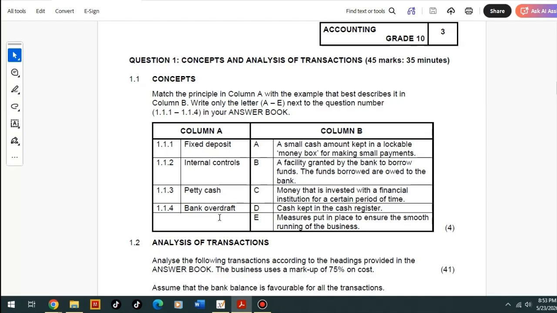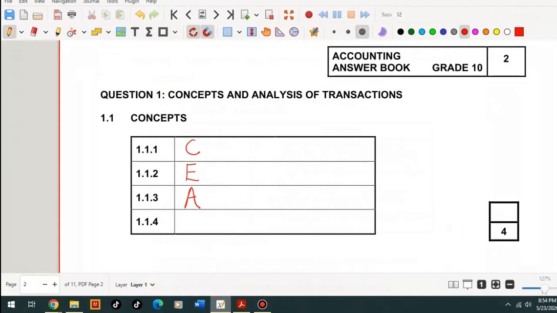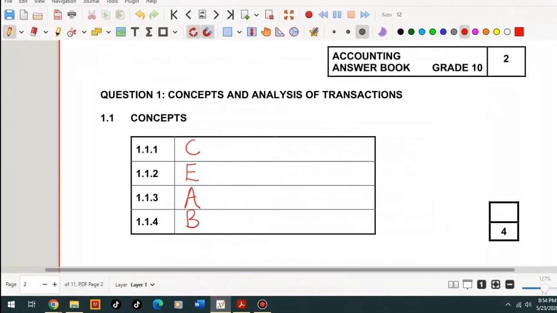You're now owing the bank for the money that you have taken, which you used, when your account didn't have any amount. So bank overdraft 1.4 matches with B. A facility granted by the bank to borrow funds. The funds borrowed are owed to the bank. So it matches with B.